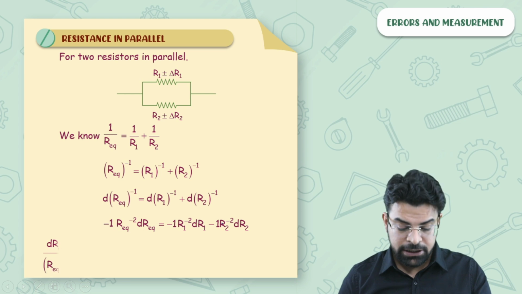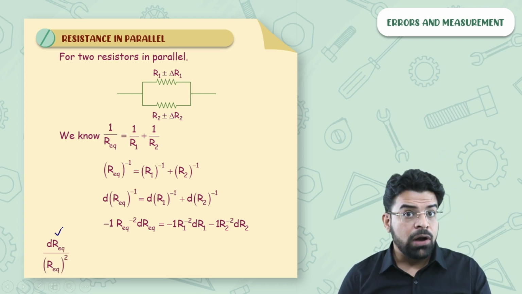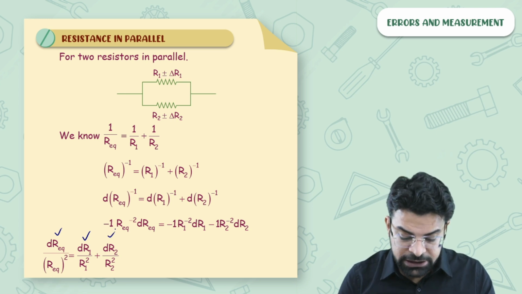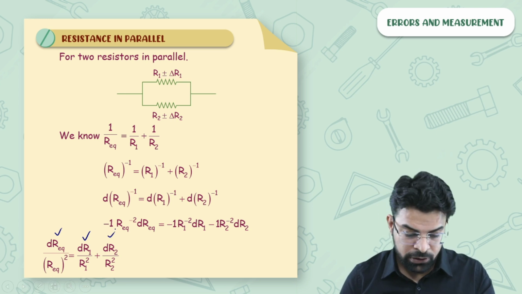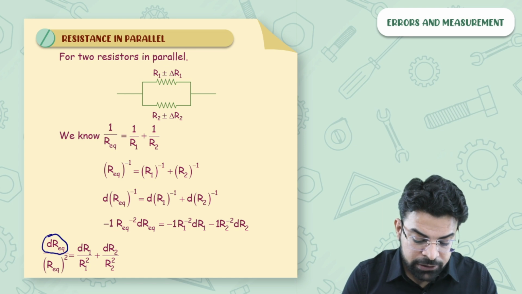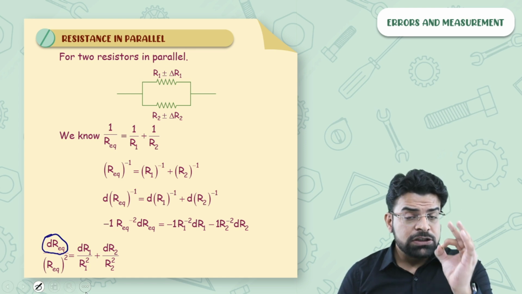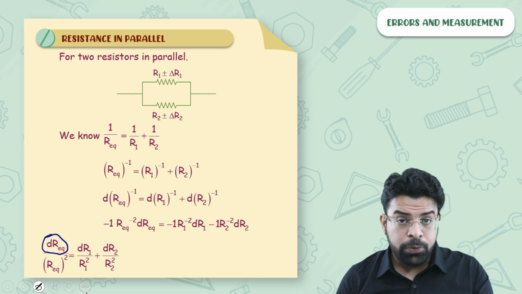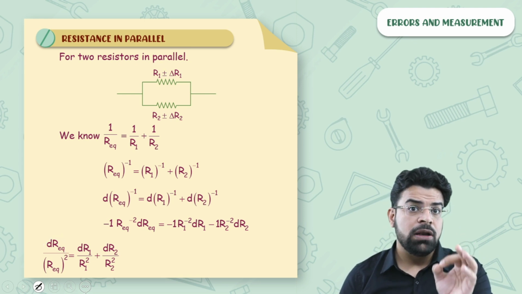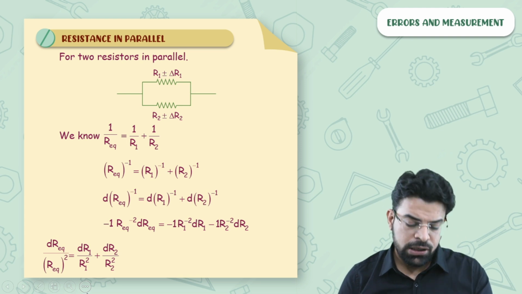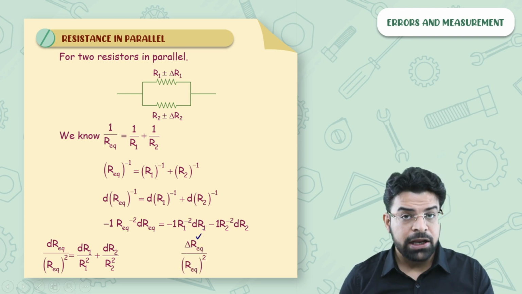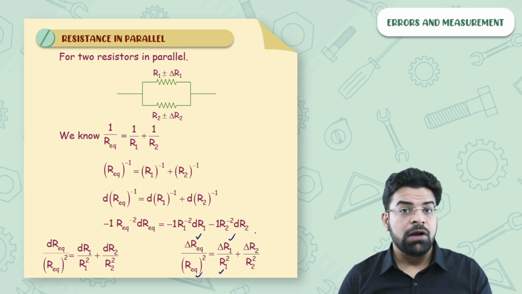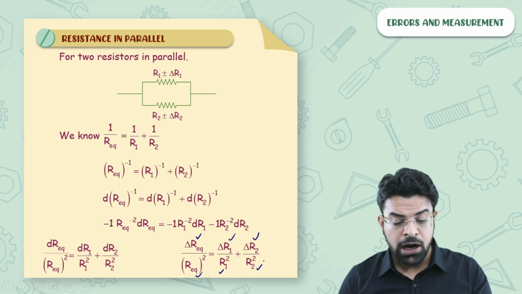So what we get is dR equivalent upon R equivalent whole square equals dR1 by R1 square plus dR2 by R2 square. Here, what is dR equivalent? The infinitely small error in measurement of R equivalent. Approximating infinitely small error to small error, we will say delta R equivalent upon R equivalent whole square equals delta R1 upon R1 square plus delta R2 upon R2 square.